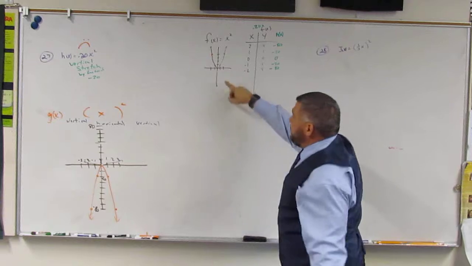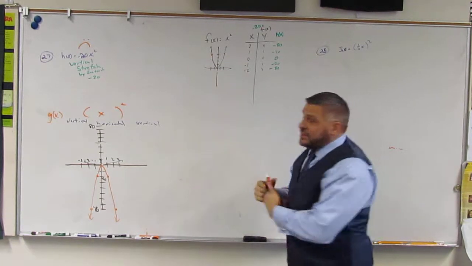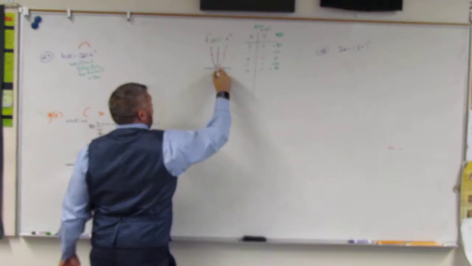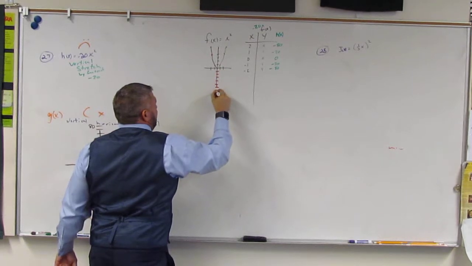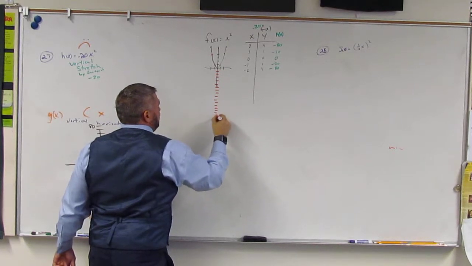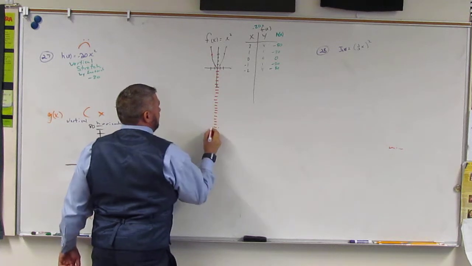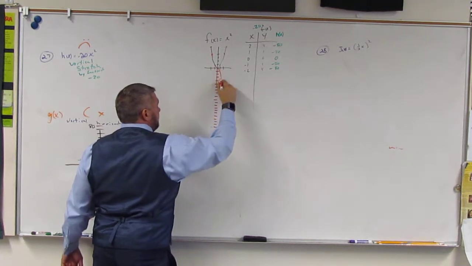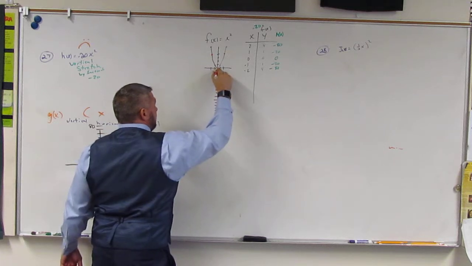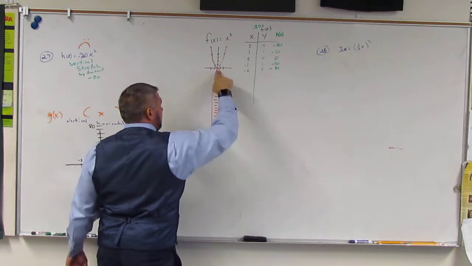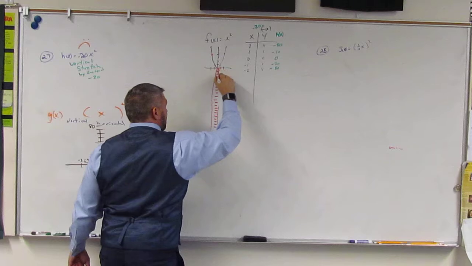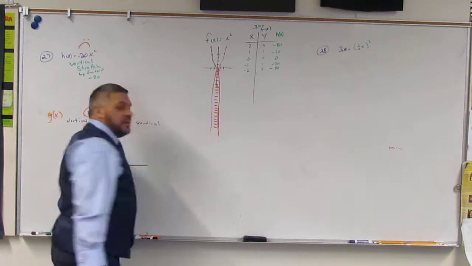Because think about that. If we were to graph this at 20, just at 20, 1, 2, 3, 4, 5, 6, 7, 8, 9, 10, 11, 12, 13, 14, 15, 16, 17, 18, 19, 20. That means this would go, right?